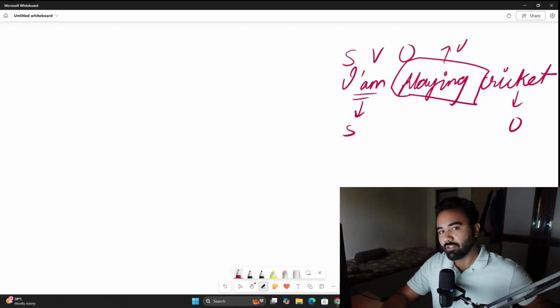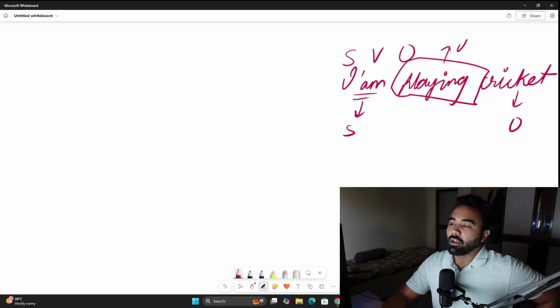Now the whole purpose of active and passive is this: if there is a sentence given in active voice and you need to convert it into passive voice, you need to interchange the object and subject. So I need to write a sentence where cricket becomes the object and I becomes the subject. Then this active voice will get transformed into a passive voice.